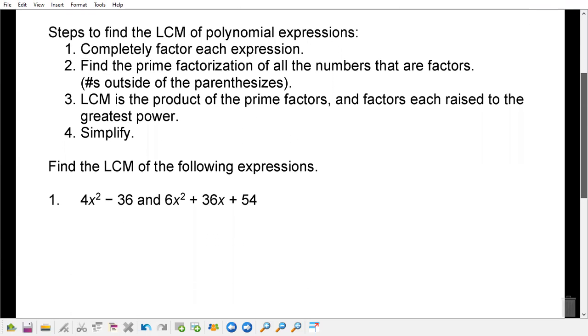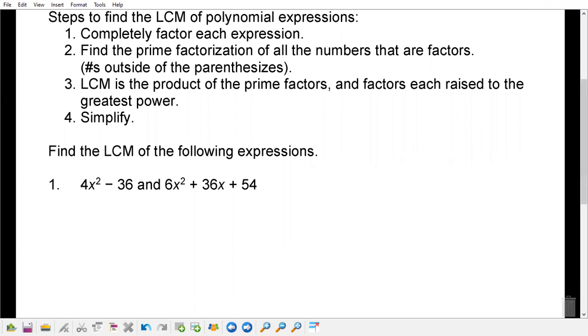So let's go through the steps on example number 1. So step 1 is to completely factor each expression. So completely factoring 4x squared minus 36, I can take out my greatest common factor, which is 4. That leaves me with x squared minus, that is not 16, 9.